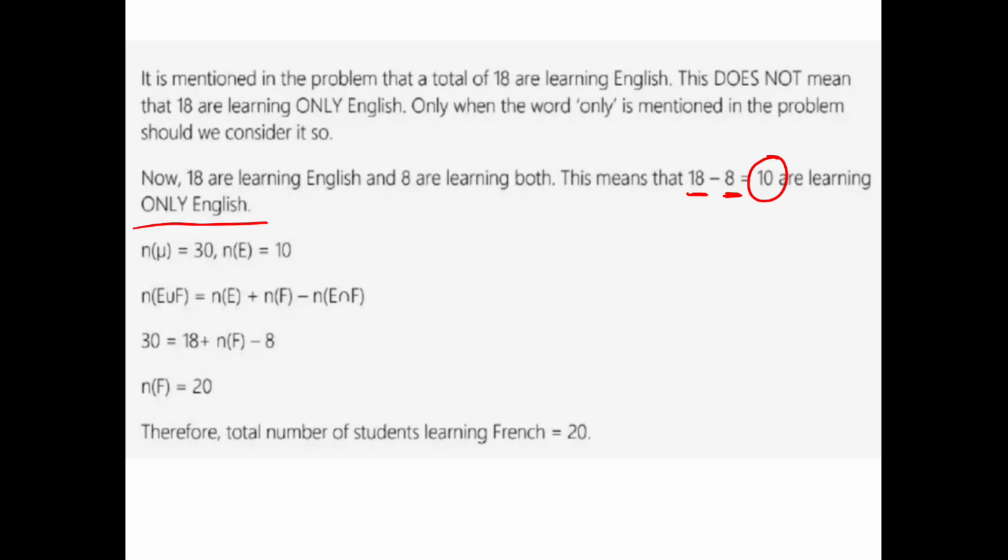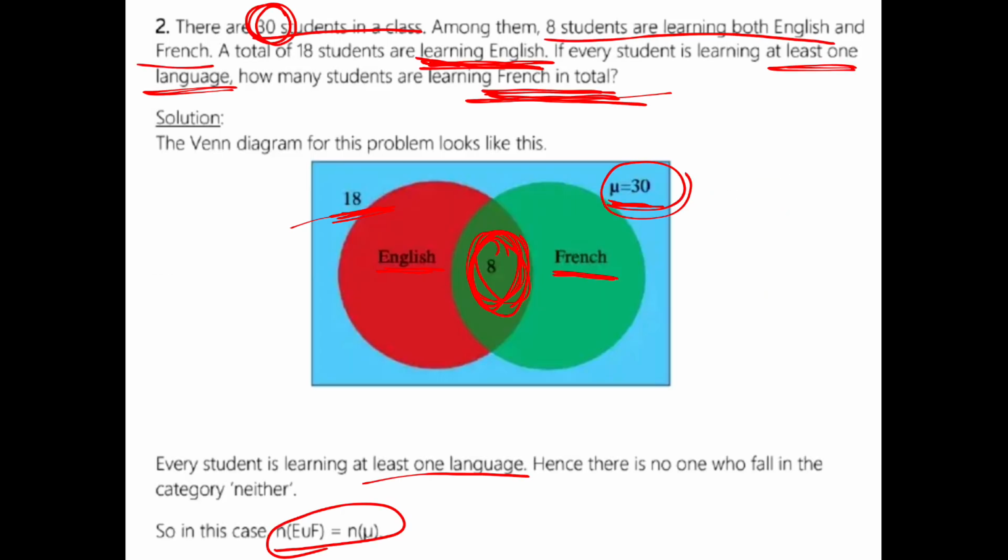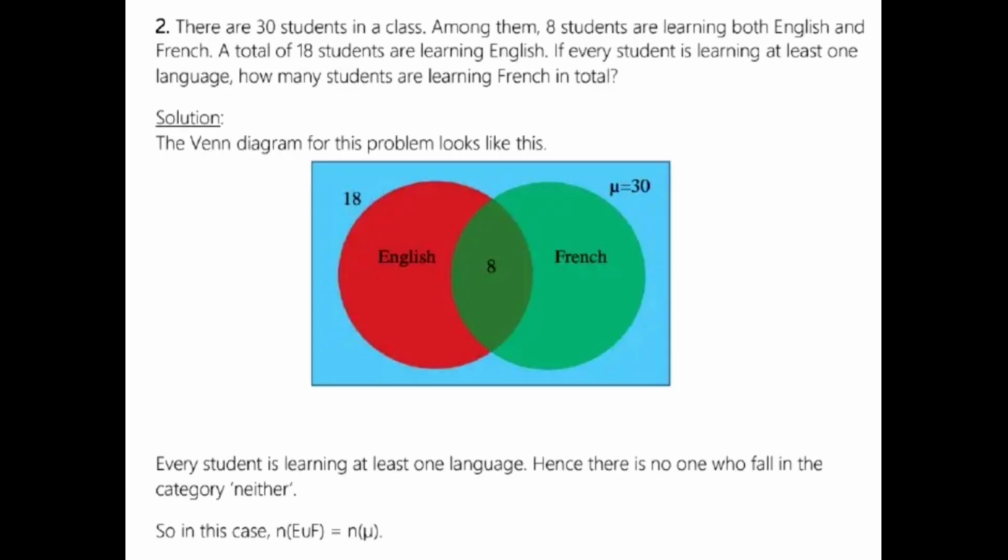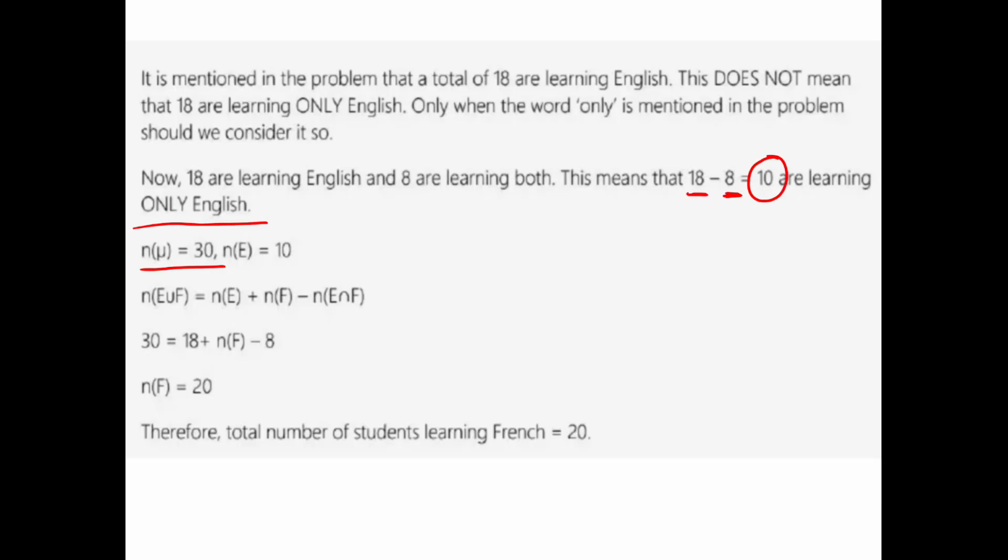So, we have n of mu equal to 30 because it states that there are 30 students in a class. Those learning only English are 10.